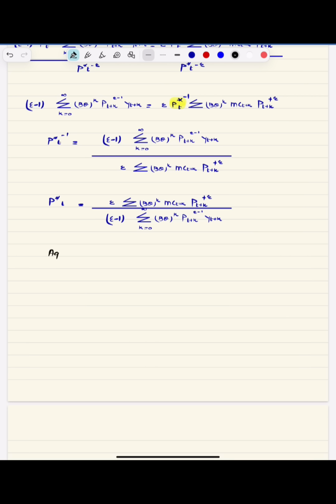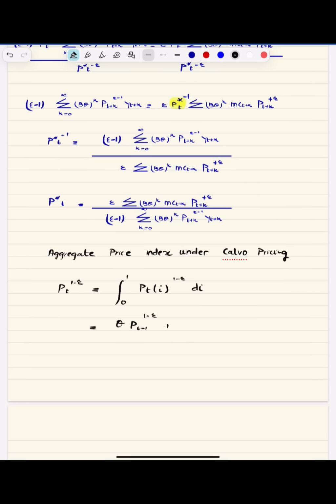So the aggregate price index under Calvo pricing is given as pt power 1 minus epsilon equals the integral from 0 to 1 of pt of the individual firm power 1 minus epsilon di, and this basically becomes theta pt minus 1 power 1 minus epsilon plus 1 minus theta into p star t power 1 minus epsilon.